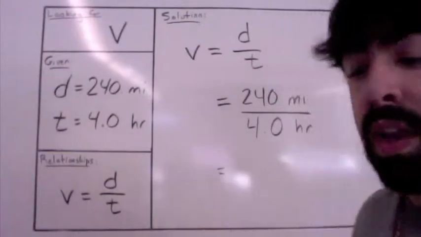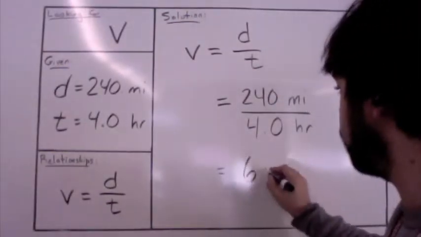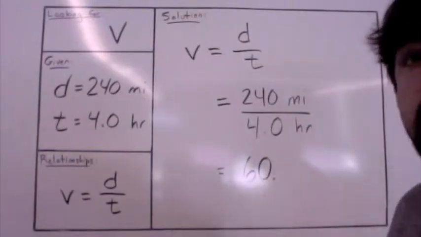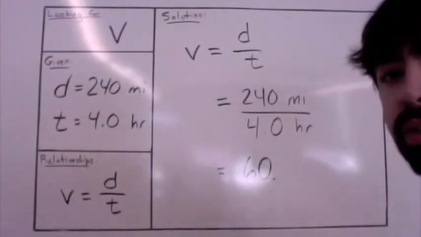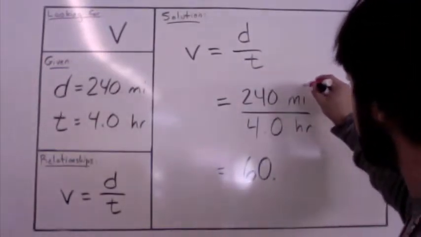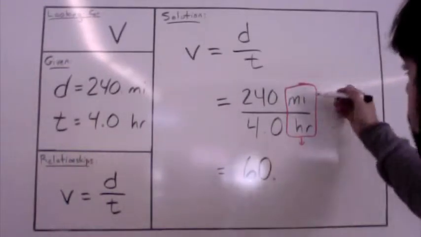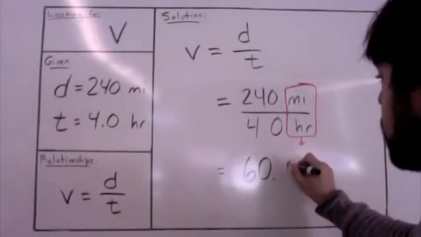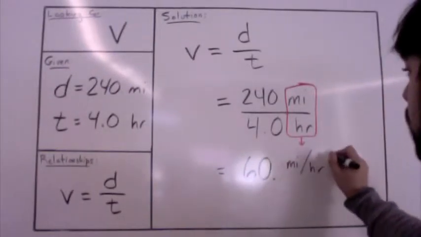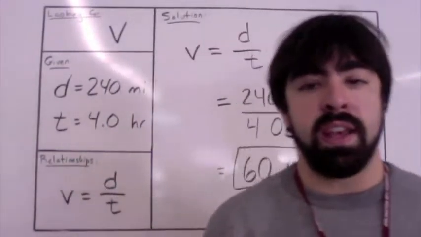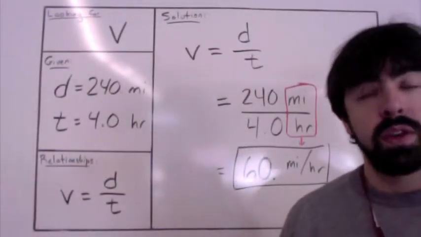You'll get the number 60. And the units, as always, are going to carry down from what you see. So miles per hour become miles per hour. Box your answer. You're done. That is the answer to the first question.